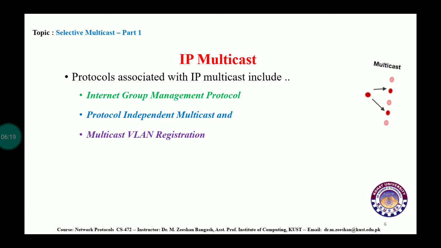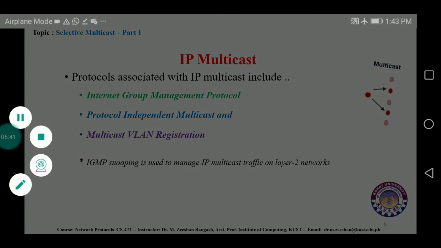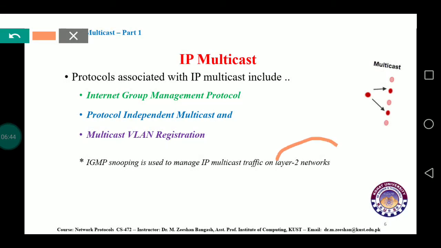So these are some of the IP multicasting protocols that exist in the literature and are implemented in different applications in different scenarios for multicast operations. However, IGMP is used to manage this IP multicast traffic on layer 2 networks, or we can say where layer 2 switches are installed. So the IGMP protocol is used for managing the traffic there.